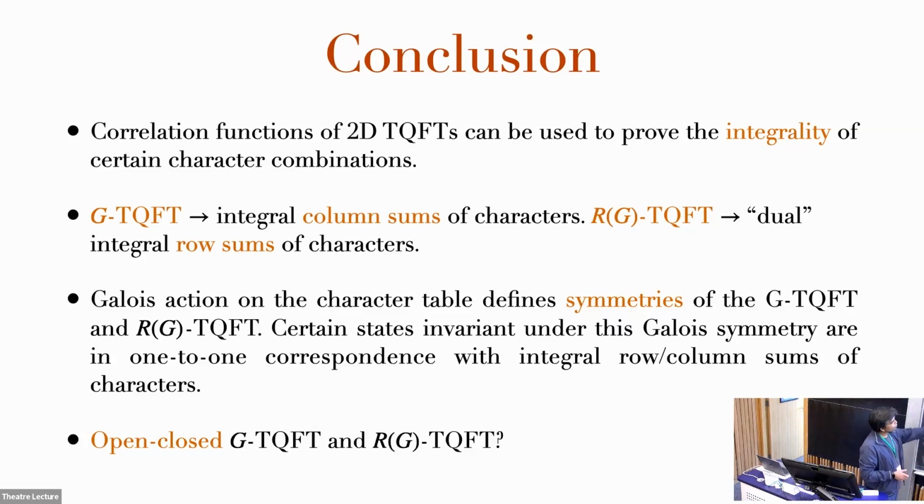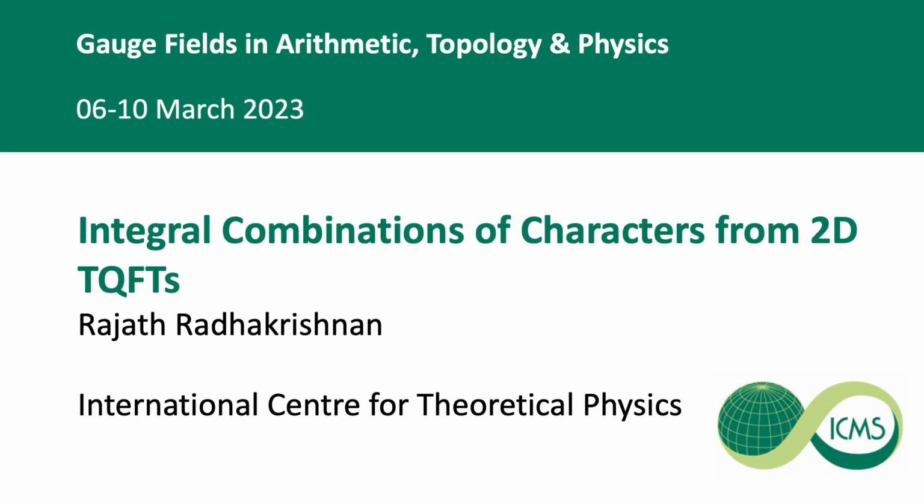And there is this natural question about extended two-dimensional TQFTs. So far, we looked at closed TQFTs. Extended versions have corners. There's slightly more data in them. So it will be interesting to see what these extended TQFTs tell us about integrality and in general number theory for characters. Okay, I'll stop here.